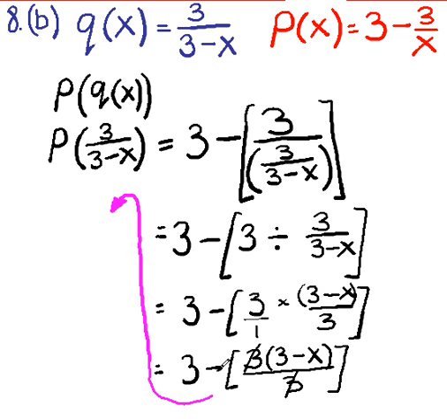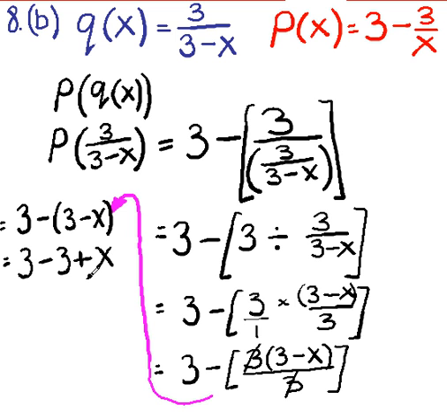So that leaves us with 3 take away what's left inside the square bracket. So that's 3 take away, and the only thing left inside the square bracket is this other bracket, 3 minus x. So it's 3 take away 3 minus x in brackets. That gives us, on the next line, 3, then we have minus 3 and minus x, minus 1 times minus x, which gives us plus x.